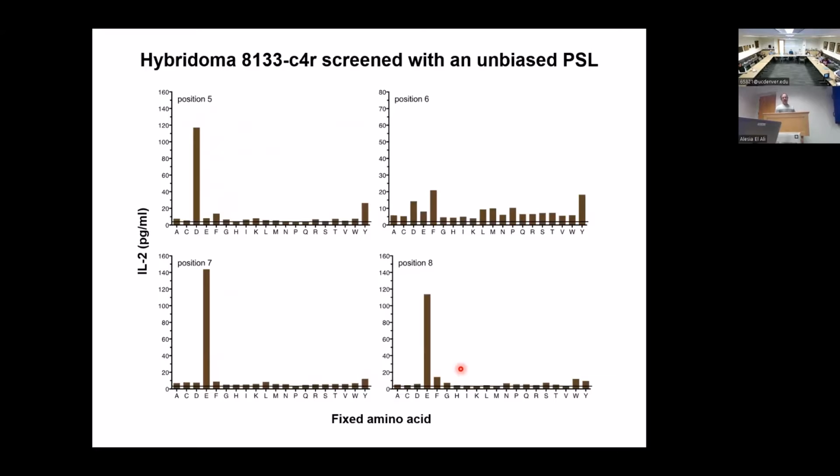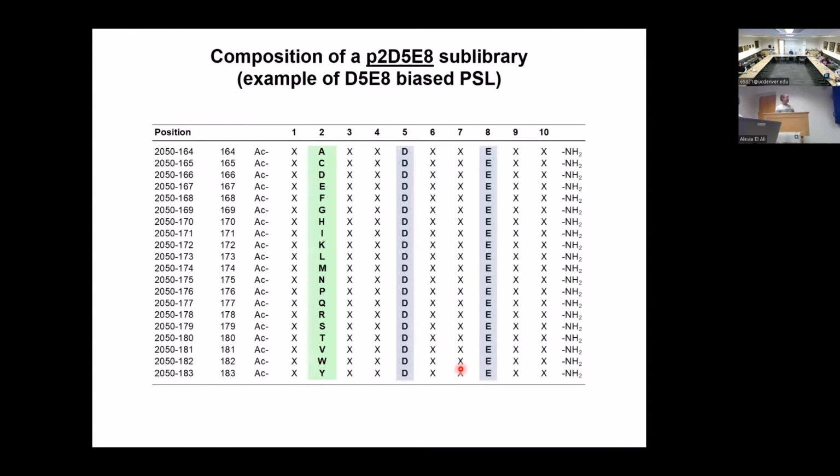Leaping ahead, we chose to make a biased positional scanning library, where we fixed an aspartic acid at position 5 and a glutamic acid at position 8, and then scanned the remaining positions. Here I'm showing you an example of position 2 with the 20 amino acids, and these X's are randomized.